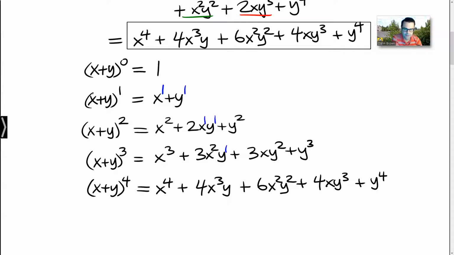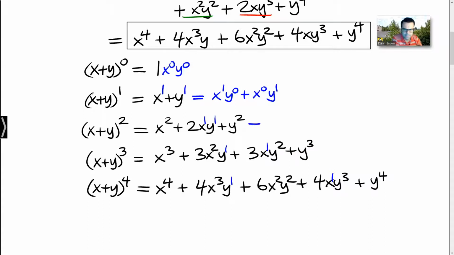So on all these, if I actually write the power 1, and also if on this one I write x to the 0, y to the 0, and if I secretly imagine that on the ones where it's just x squared, x cubed, x to the fourth, if I remember that I really could make this, I'm going to write this a little bit different, x to the first, y to the 0, plus x to the 0, y to the first.